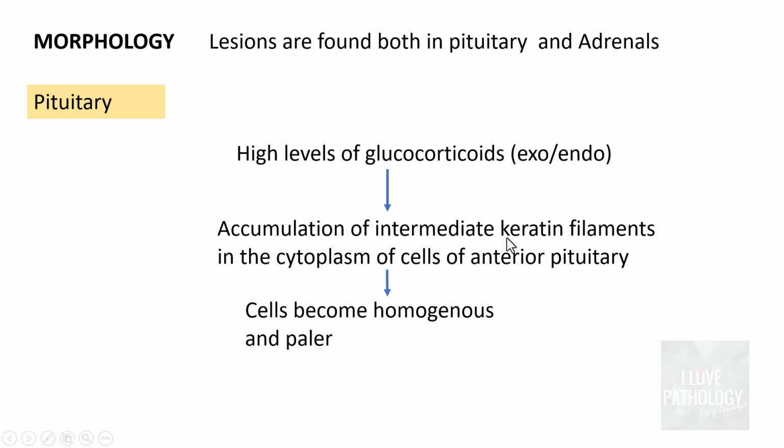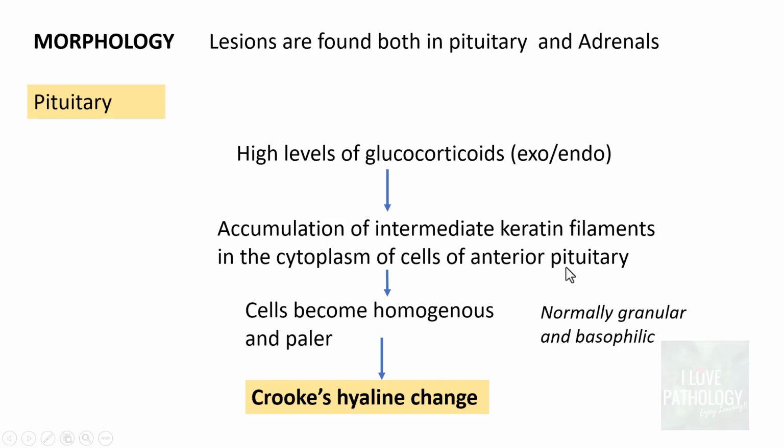And once there is accumulation of these filaments, the cells become homogeneous and paler, and this is referred to as Crooke's hyaline change, a very characteristic feature which you find in Cushing's syndrome. Normally, the cells of the anterior pituitary are granular and basophilic, and now become more homogeneous and paler. Okay, and that is called Crooke's hyaline change.